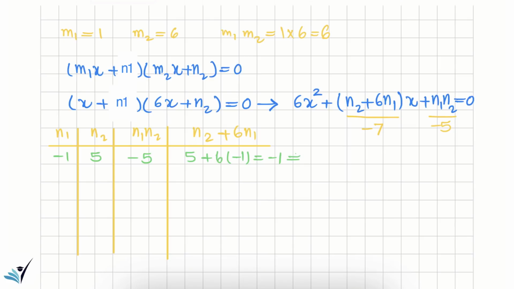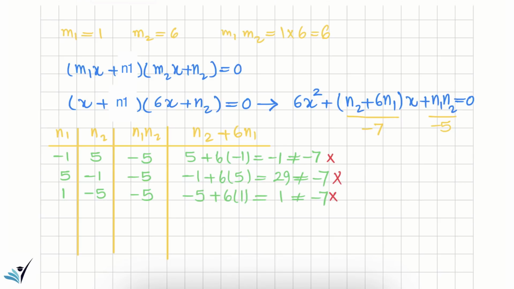This is not equal to negative 7. So that's not an answer. So we tried all the possible pairs for n1 and n2, and none of them gave us an acceptable answer. We can conclude that the scenario in which m1 is equal to 1 and m2 is equal to 6 is not an acceptable scenario. So we reject that.